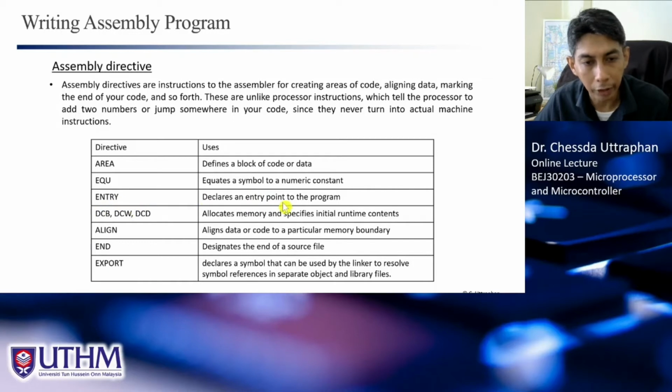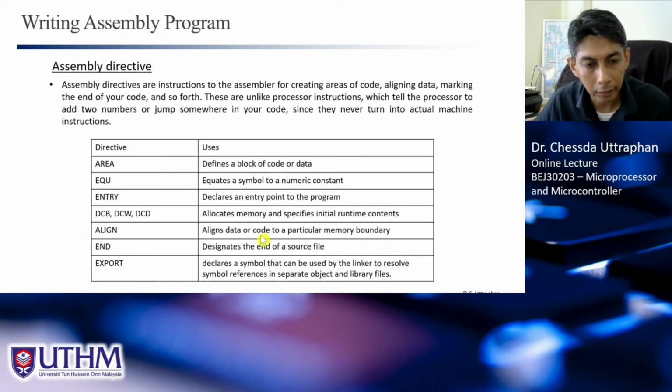ENTRY declares the entry point to the program. DCB defines constant in byte size, and there are also half-word and word sizes. This is to allocate memory locations with predefined content. Later on, we will see.